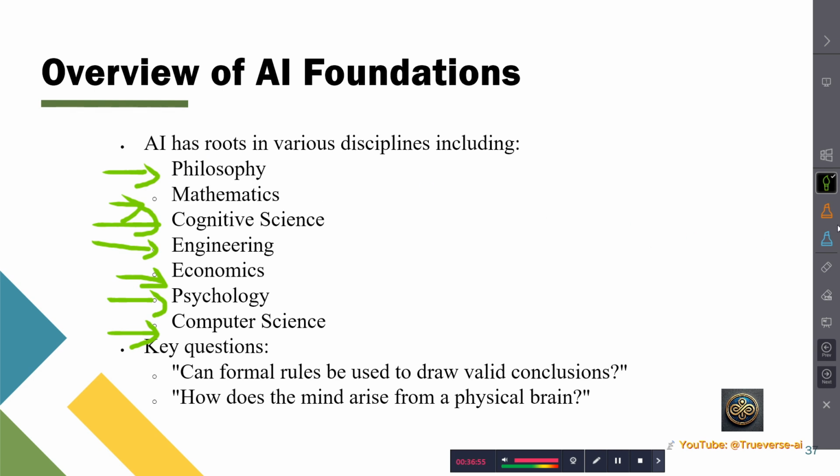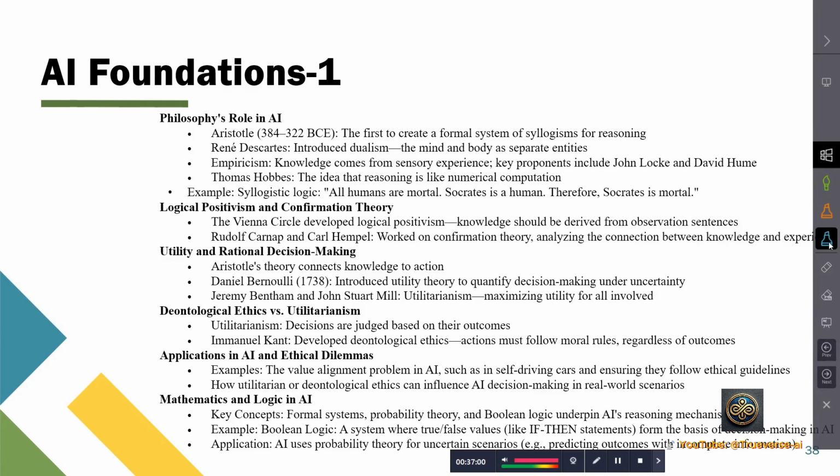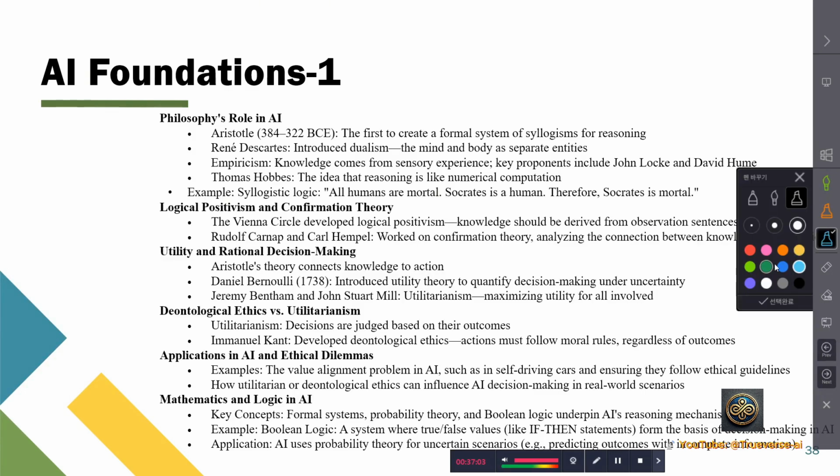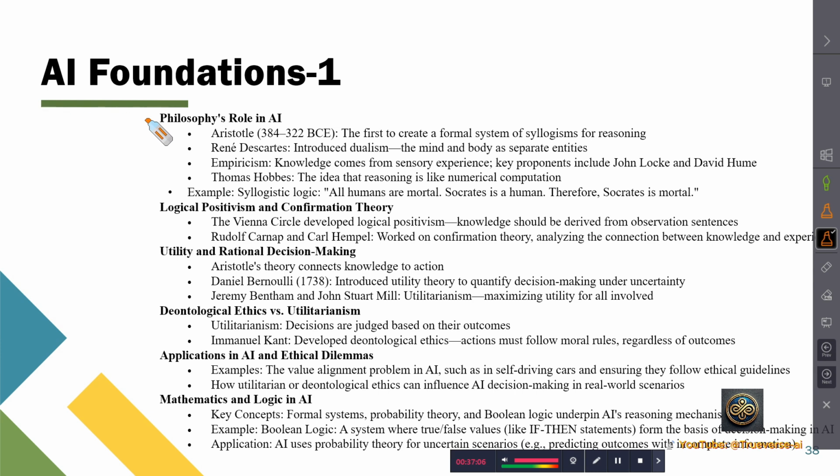This part starts with the philosophical ideas, which come from philosophers like Aristotle. Nearly 400 BC, he was the first to create a formal system of symbolized reasoning.